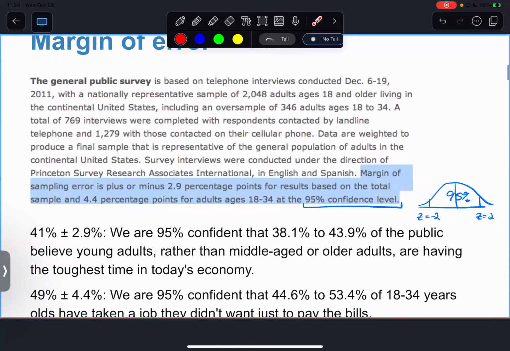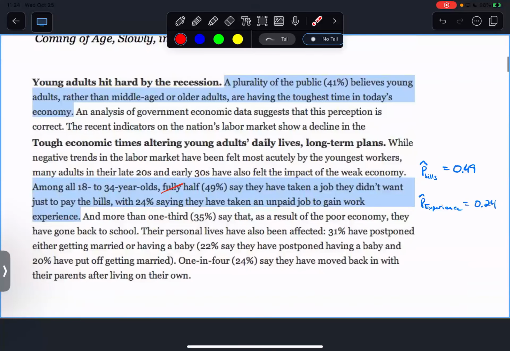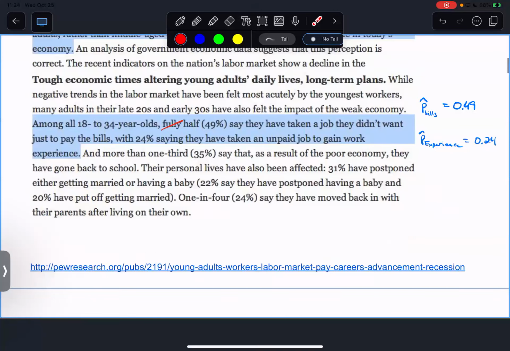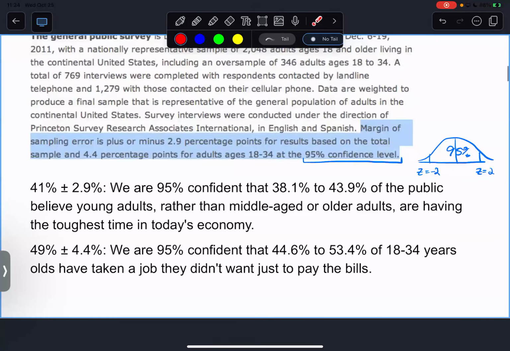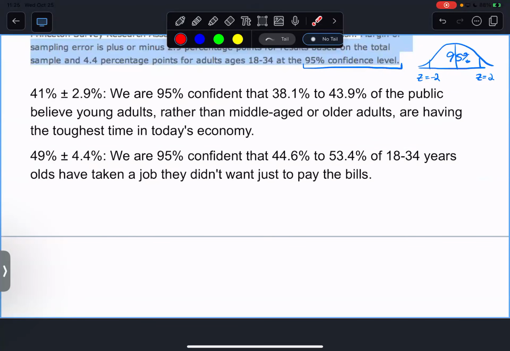But there was one, where is that 41% here? A plurality of the public, which is everyone in the sample. That's an estimate from the entire sample. And so the margin of error on those is going to be plus or minus 2.9%.